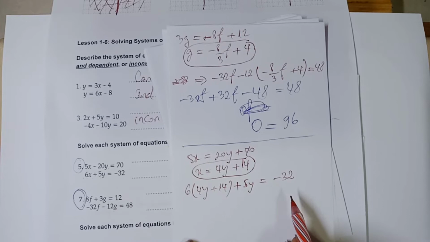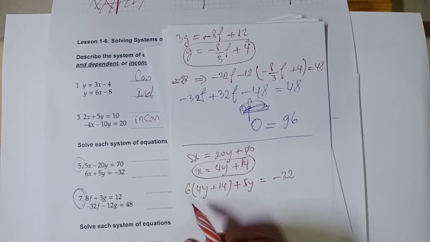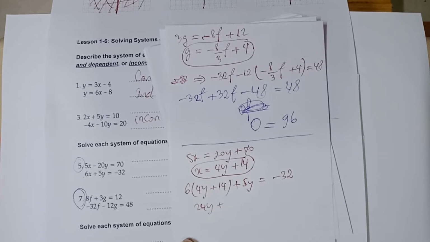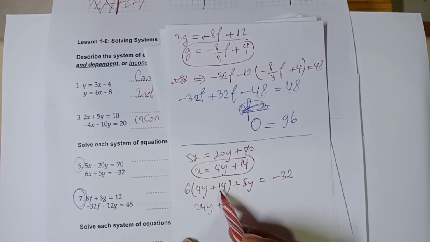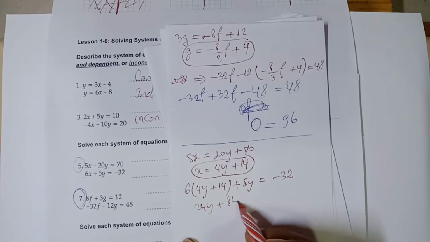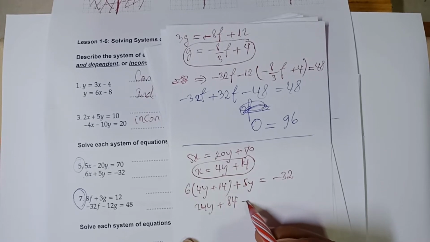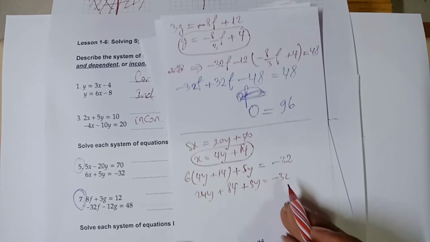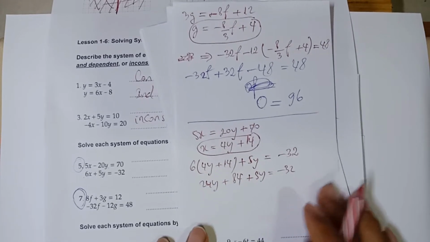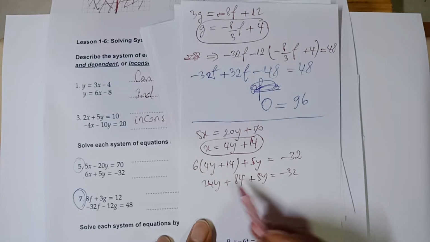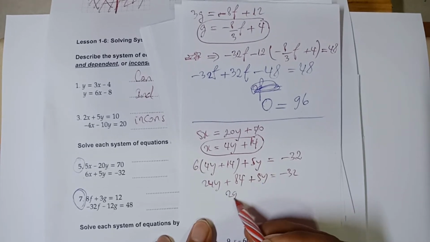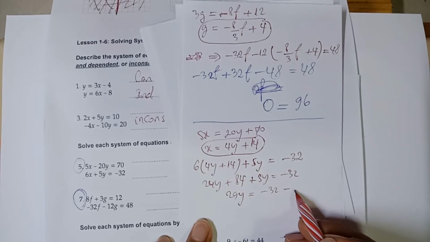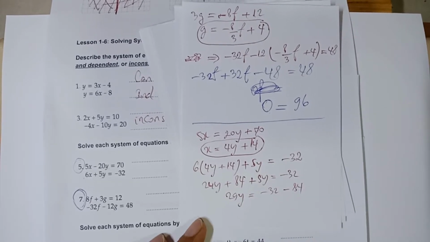Let's begin solving. 6 times 4, you have 24y plus 84, and then plus 5y equal to negative 32. Now you combine the y terms, you have 29y equal to negative 32 minus 84. Let me work on it.